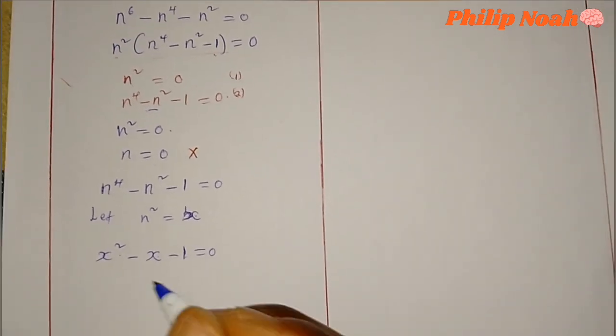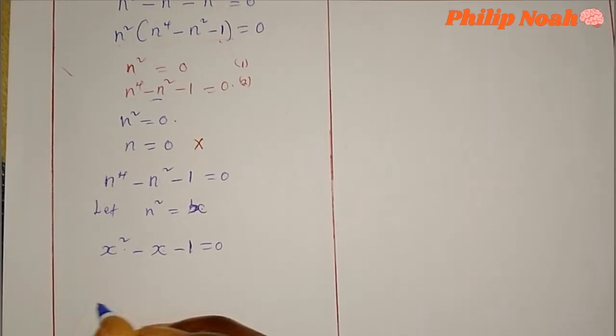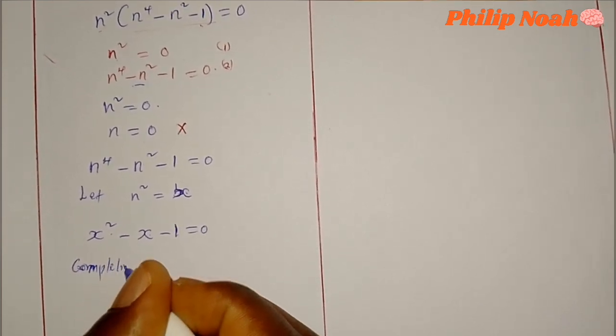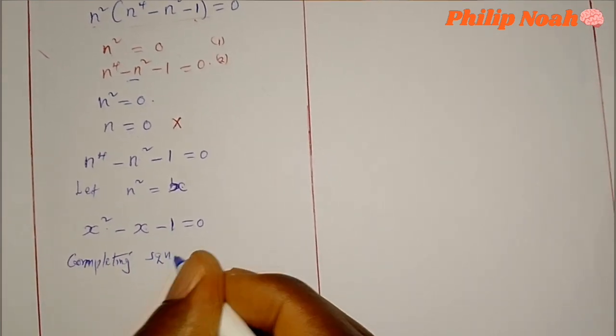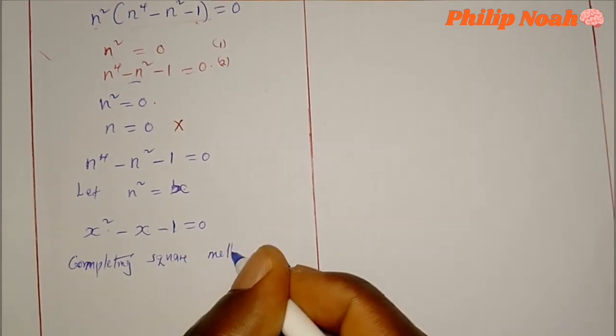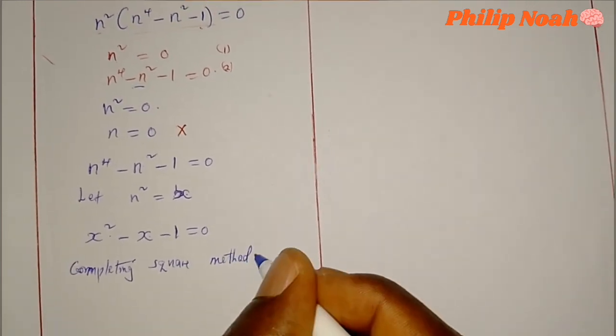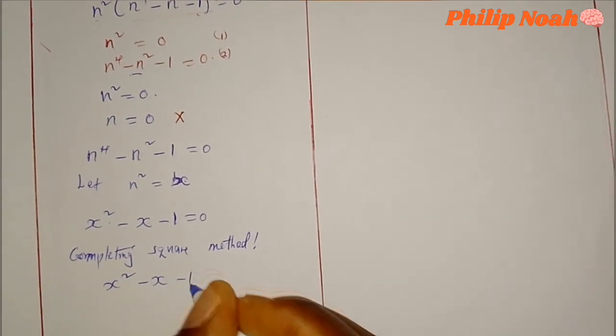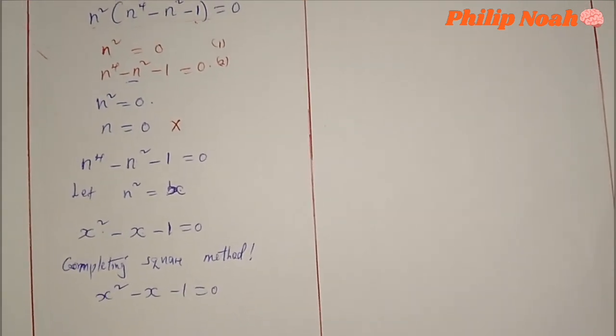At this point, we shall use the completing square method. So we have x squared minus x minus 1 is equals to 0.